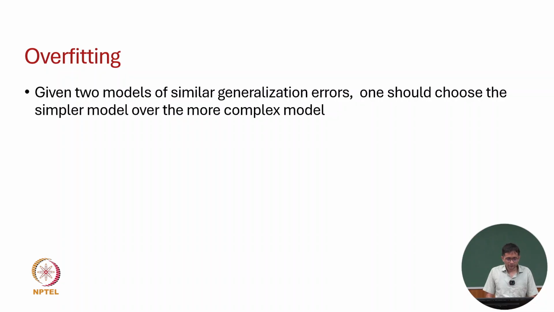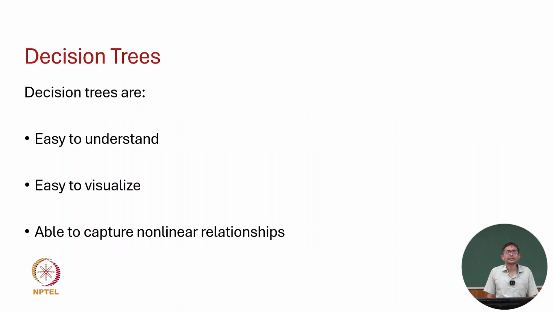And with this, before moving ahead, let us try to understand again, why are we interested in decision trees? Because they are indeed easy to understand, easy to visualize. They are able to capture nonlinear relationships.